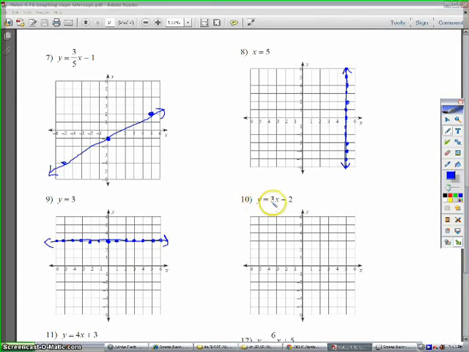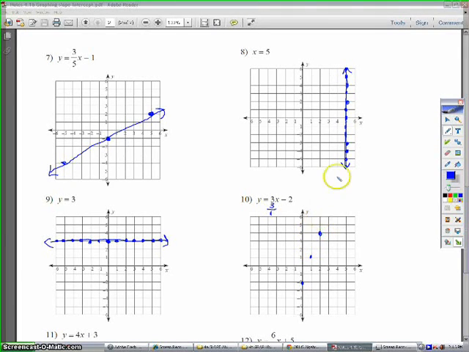Number 10, y equals 3x minus 2. I'm going to start my graph at -2, so I'm going to start down here. 3x, again, I can write that as a fraction, 3 over 1. That means I'm going to be moving up 3, 1, 2, 3, and to the right 1. I'm going to be moving up again, 1, 2, 3, to the right 1.